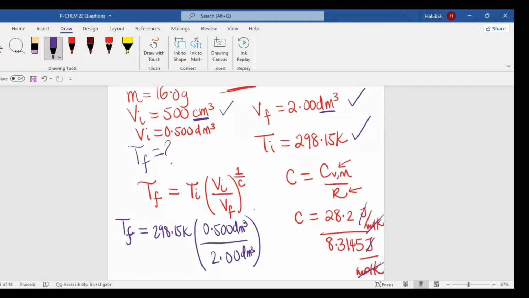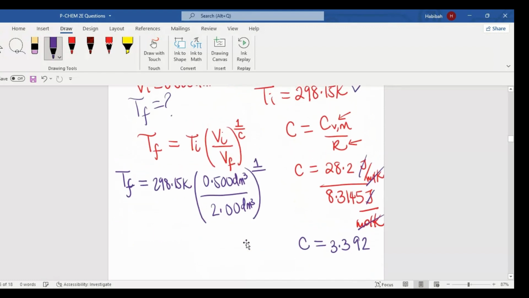All of that information raised to the power of 1 over C. And then C is just simply 3.392. So T final is going to equal this.